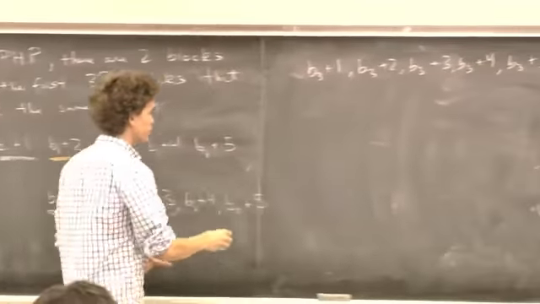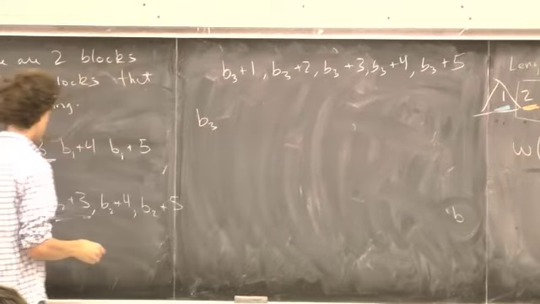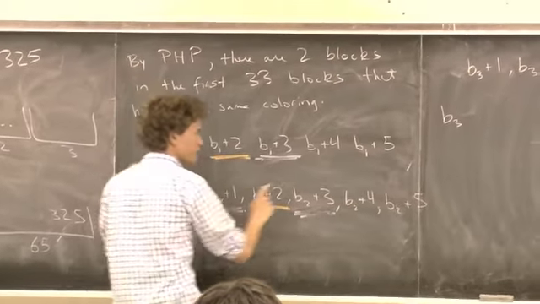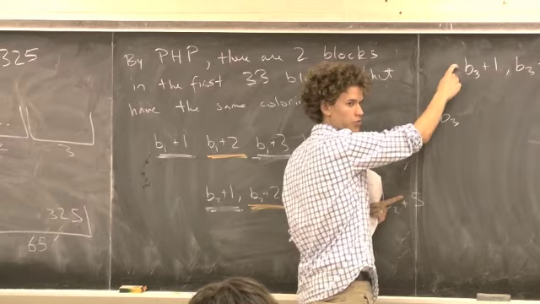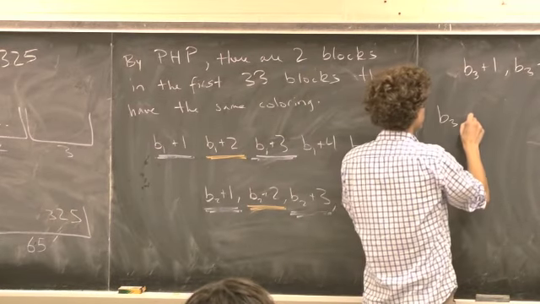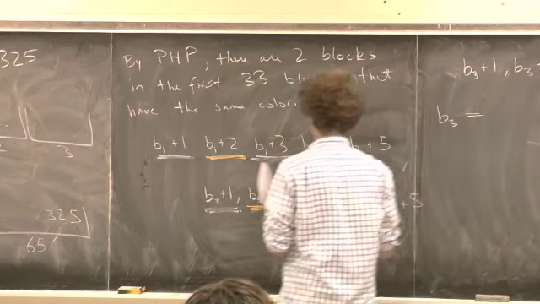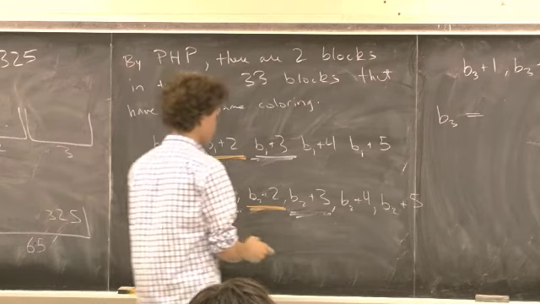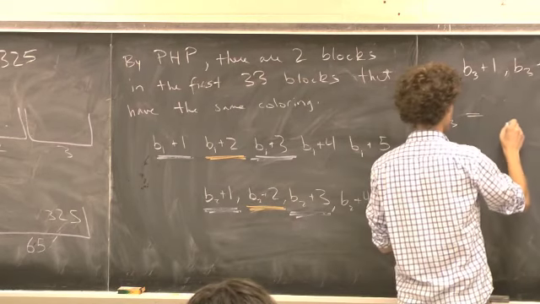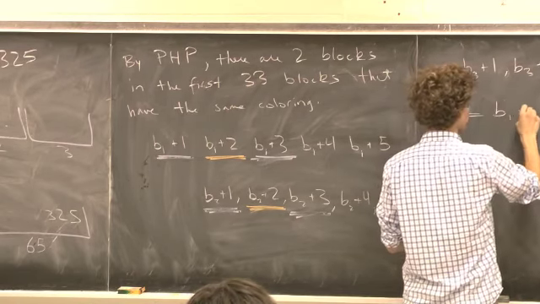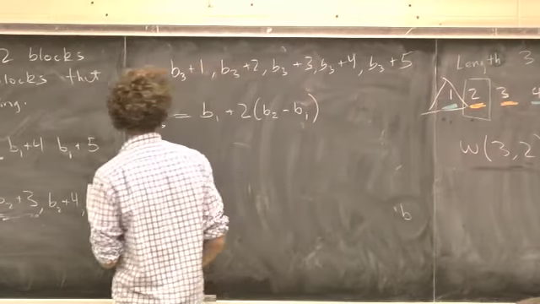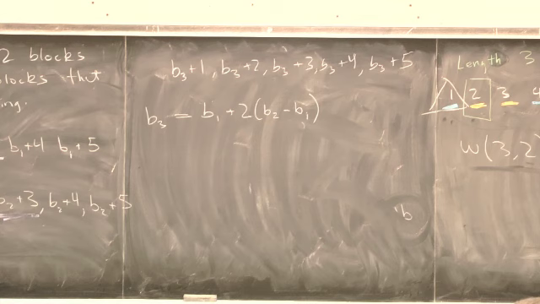And what do I want b3 to be? I want it to be the thing so that this is an arithmetic progression. So b3 is, well, what did we add to get from here to here? b2 minus b1. So it's b1 plus twice b2 minus b1. Alright, and so that's some block sitting out here.